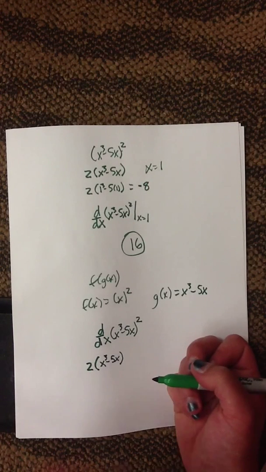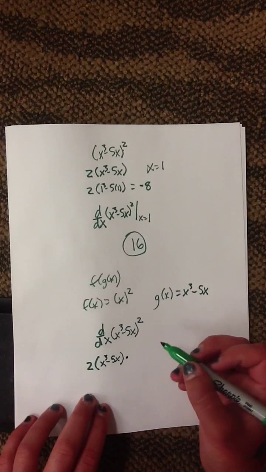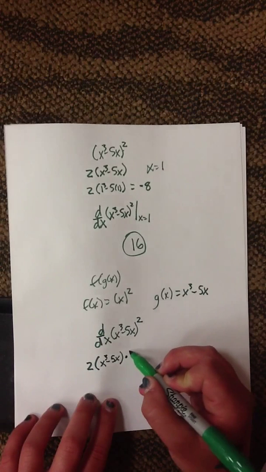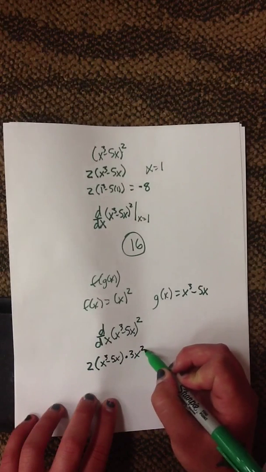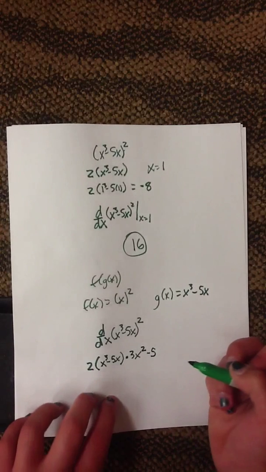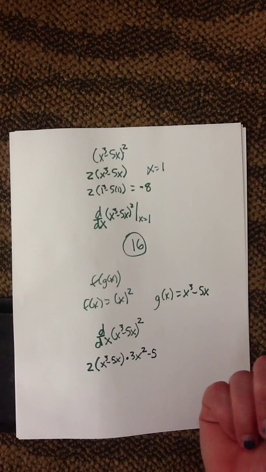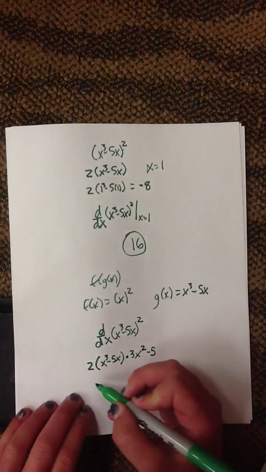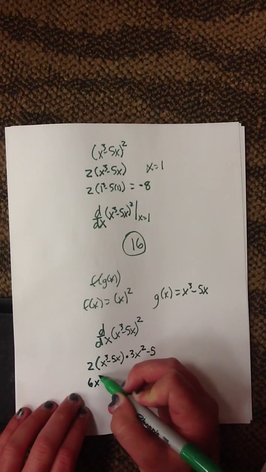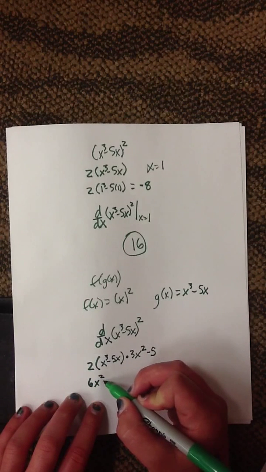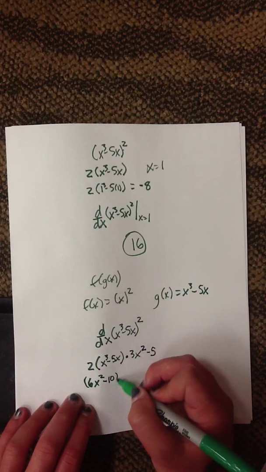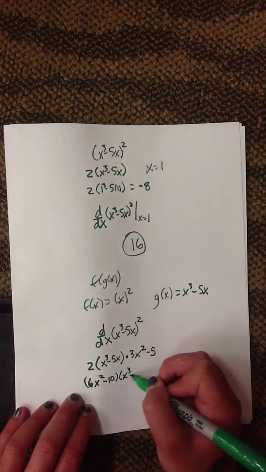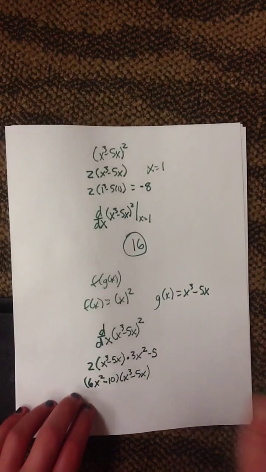And then we multiply this by the derivative of the inside, which is 3x squared minus 5. So, then simplifying a little, we get 6x squared minus 10 times x cubed minus 5x.